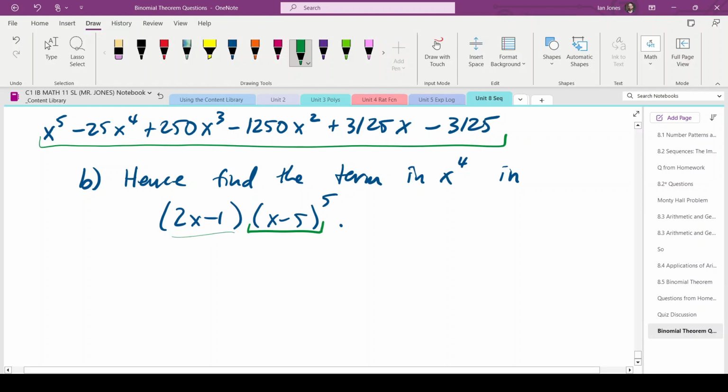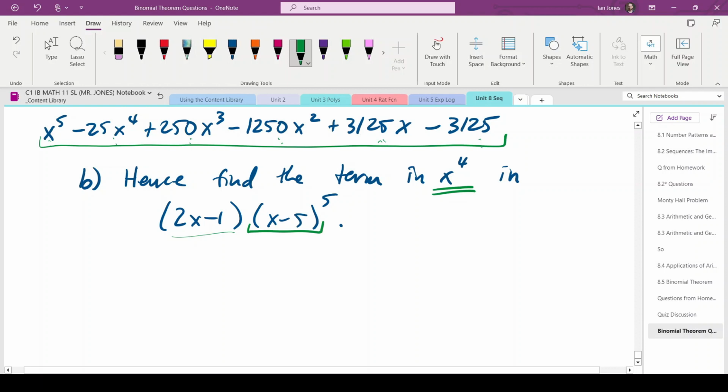So if we were to actually do that, we would have 12 multiplications. We'd have 2x times each of these terms, and we'd have negative 1 times each of these terms, and then we'd have to collect like terms. But it would be a waste of our time to do all of that because they're just saying we want the term in x to the exponent 4.